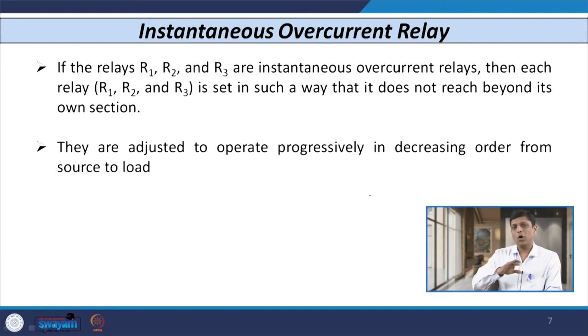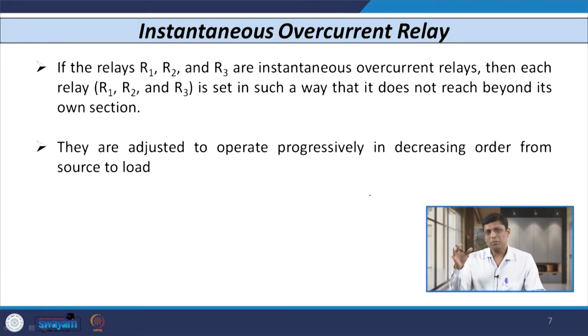If I use 3 relays, or 4 relays, or multiple relays in a radial structure or radial network, then let us assume that these relays are instantaneous overcurrent relays. Let us assume there are 3 relays given.